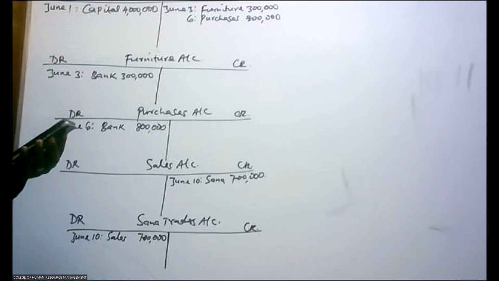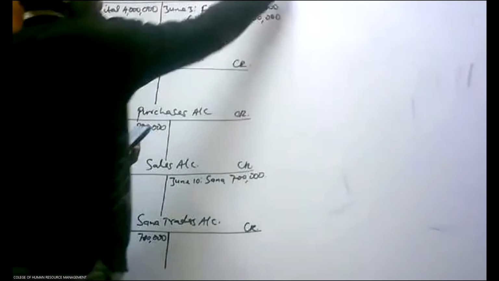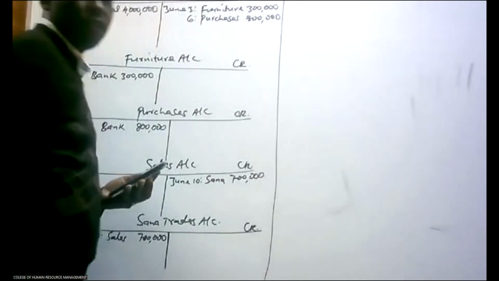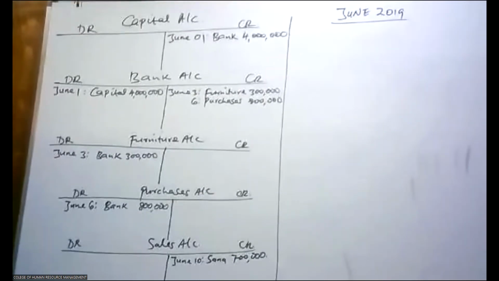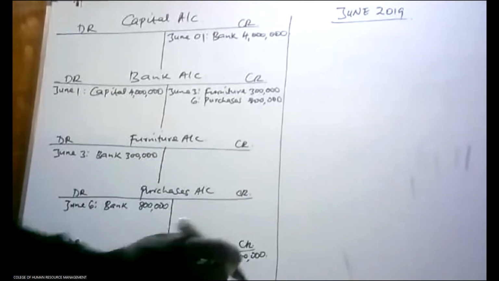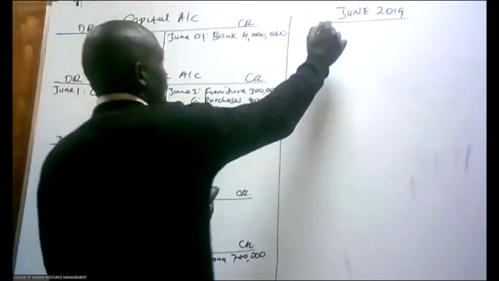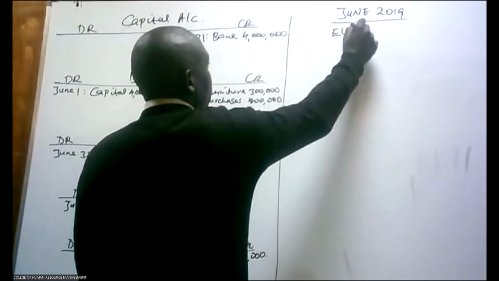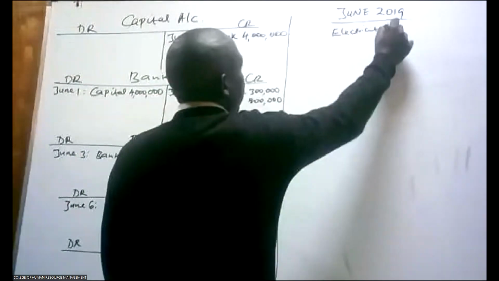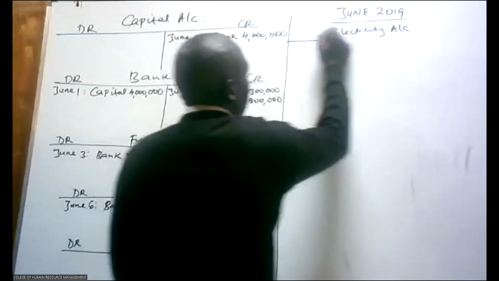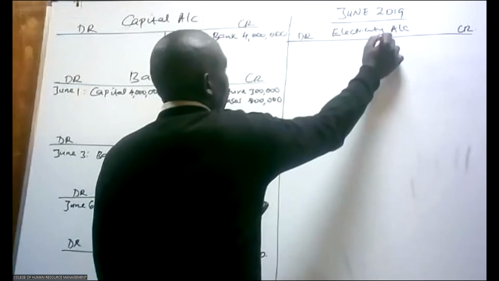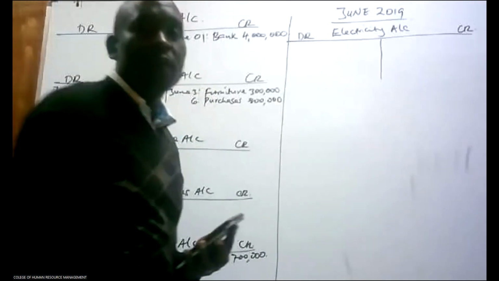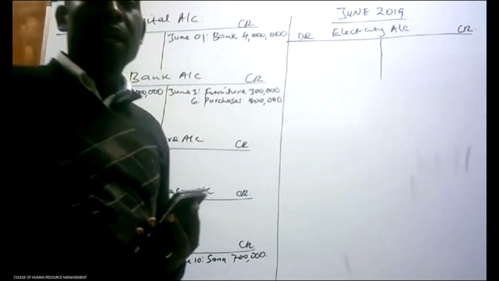On 15, paid 35,000 for electricity by check. Electricity falls in the category of what we call expenses. So what you do to that, you open that expense account, electricity account. All expenses are debited when they are being paid.